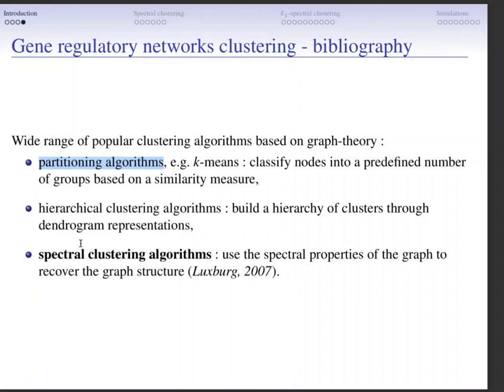And the last class of methods is spectral clustering algorithms, which use the spectral properties of the graph to recover the graph structure. So here I will begin by introducing spectral clustering, as explained in the paper from Luxburg, before presenting our new version of spectral clustering.